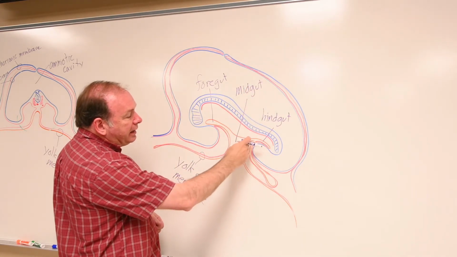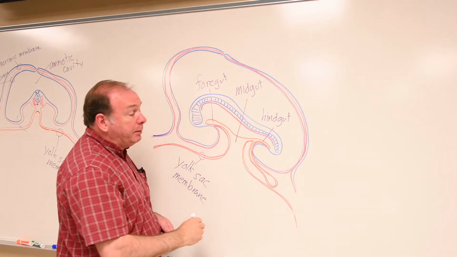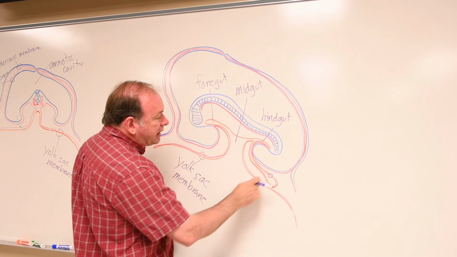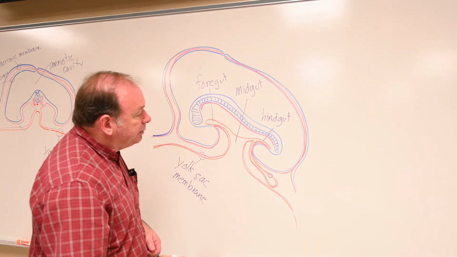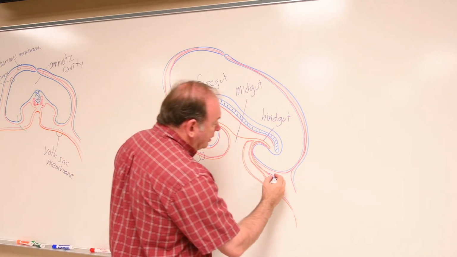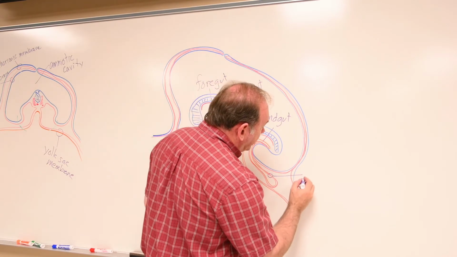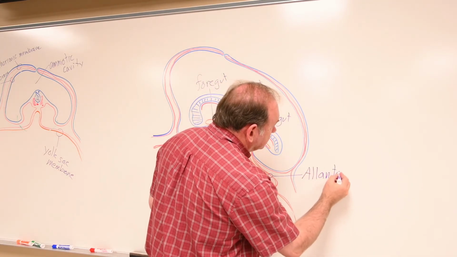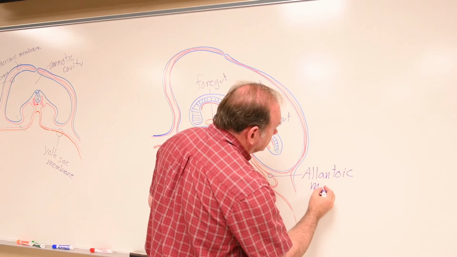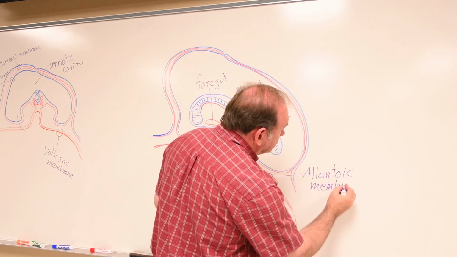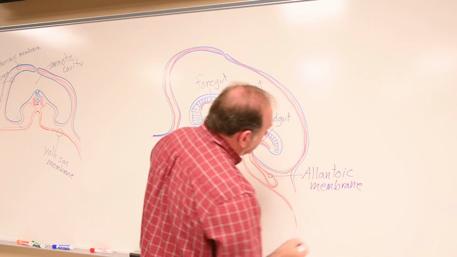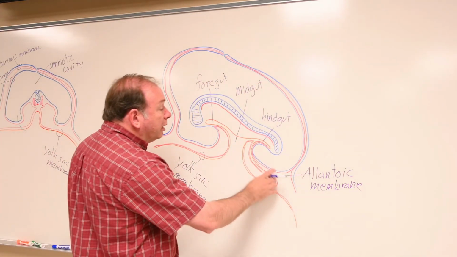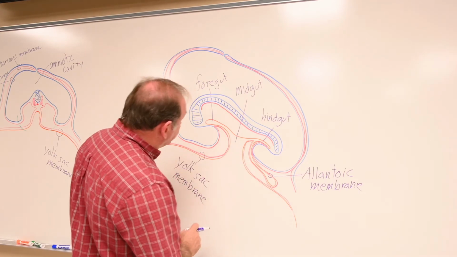And off of the hindgut, we have this extra sac that I mentioned right here. This extra membrane forms a little sac, a little tag of membrane that comes off the hindgut right here. And this is the allantoic membrane. The allantoic membrane, forming the wall of the allantois, this sac that comes out here.